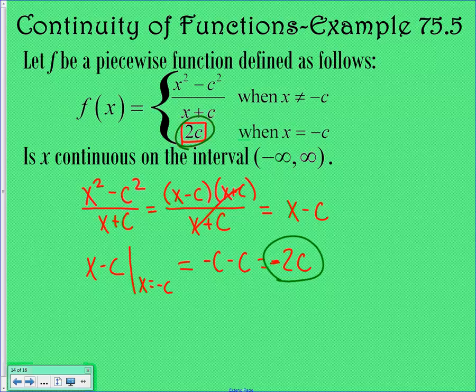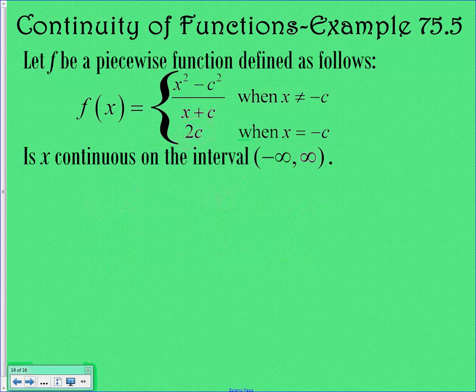Now, I will point out, this is the problem that the book has, but that's not the explanation they have. Because then, whenever they go to the explanation, they change the problem. And so I'm going to change the problem for you to show you what the book meant to put. I believe they meant to put a positive c there.